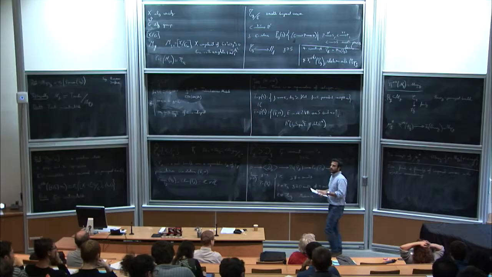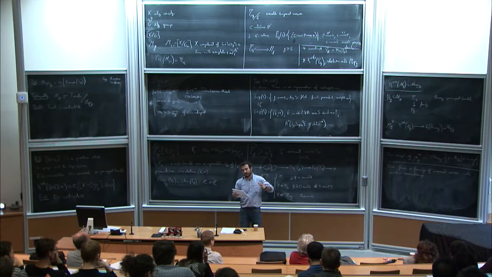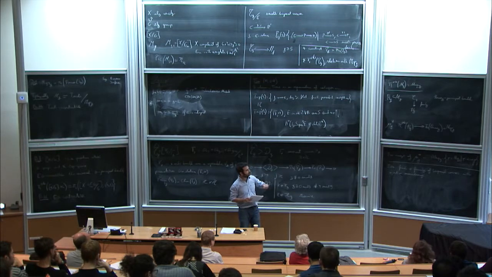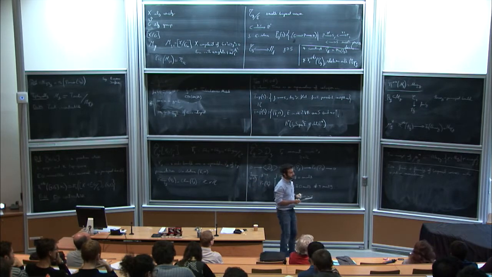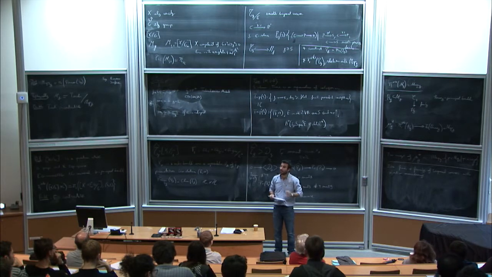Okay, and the strategy will be the following. First, I will find a topological space, basically a complex variety, which has the right property to be surjective over the mapping class group. And then I will show that it carries a family of trigonal curves above.